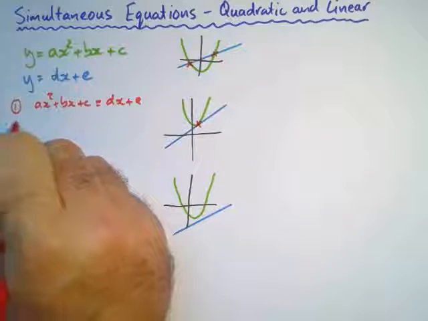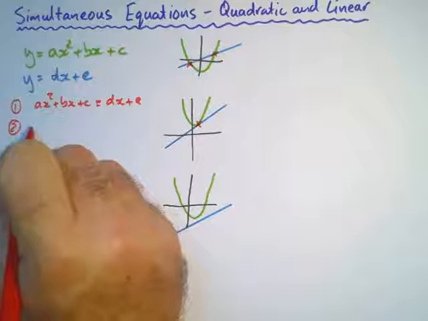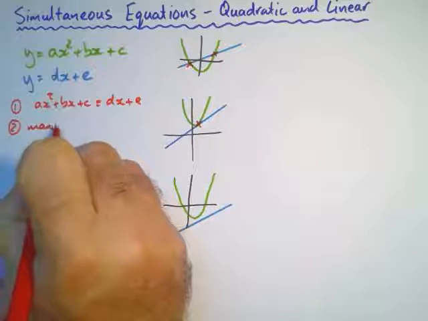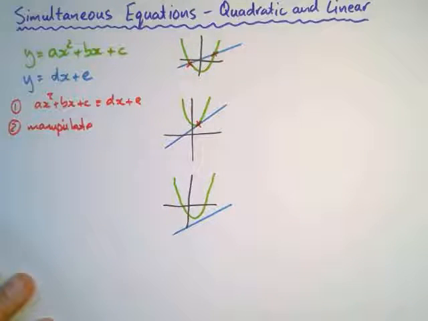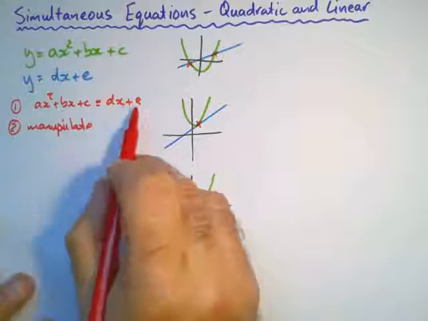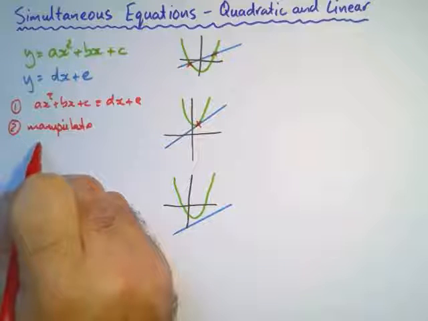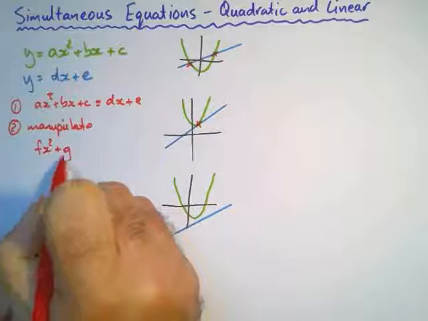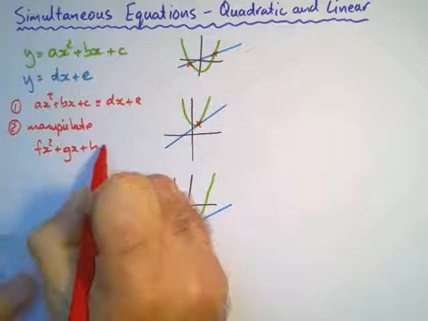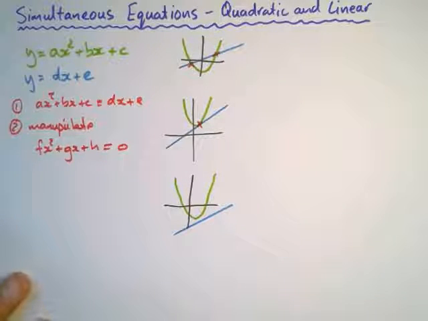So step 2 will be manipulate, in such a way that I get a new equation. I'm going to make this fx squared plus gx plus h, where that equals 0.